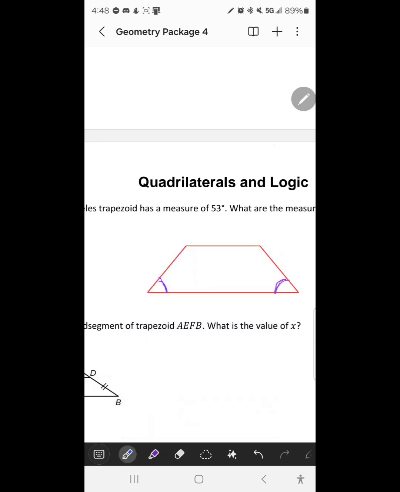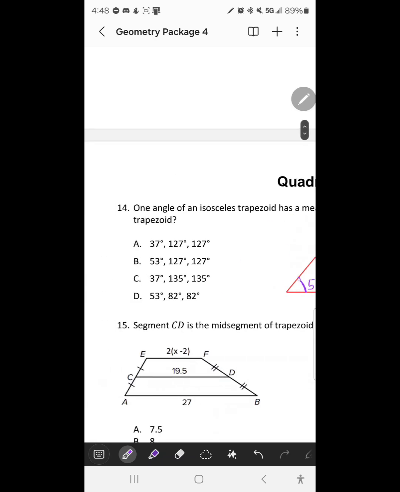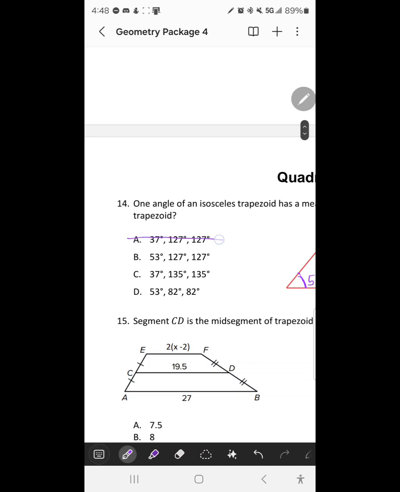So if one of them is 53, then this one is 53. So this is the first thing. So let's discard any option that doesn't have a 53 in there. Okay? And we are left with these two options.